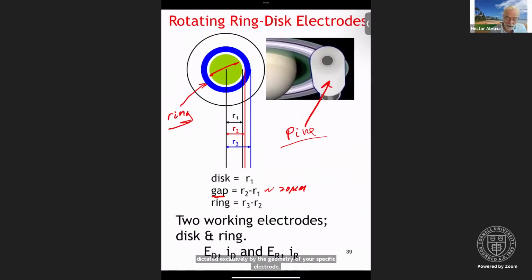By that, I mean, what is the value of R1, R2, and R3? And there is a very complicated formula that you can use to calculate that. However, you really need very precise measurements of R1, R2, and R3. And for example, if your gap is 20 microns, that's going to be very hard to measure experimentally. You're not going to be able to put a pair of calipers in there and measure that.